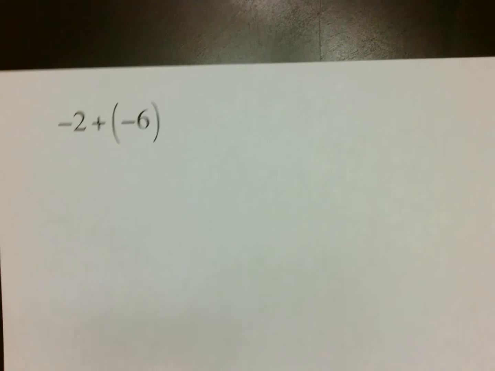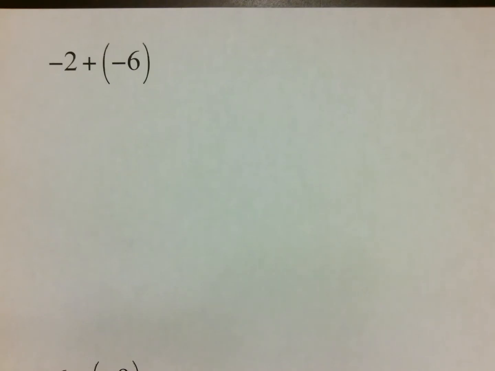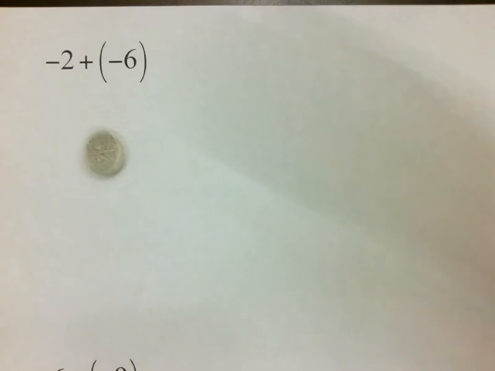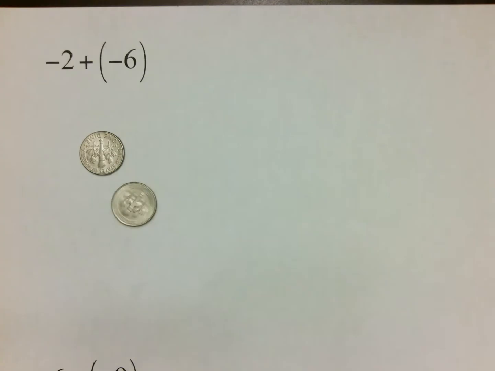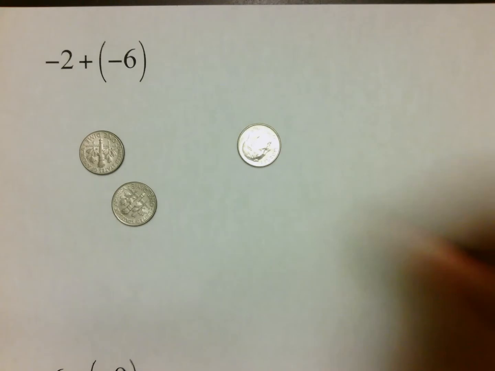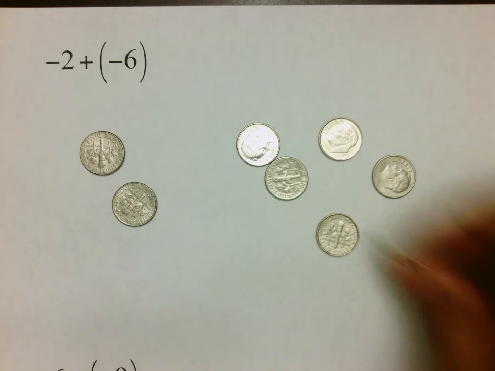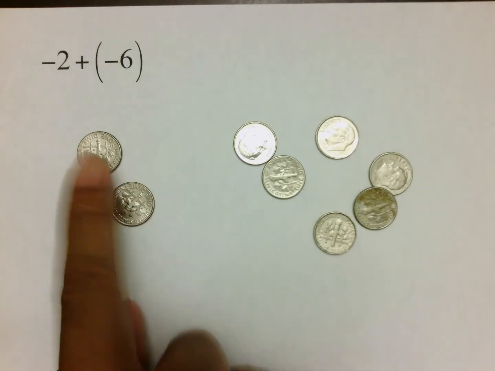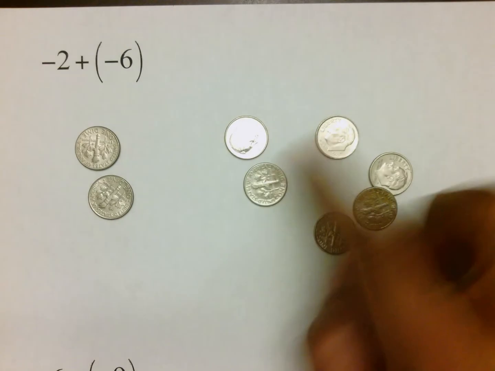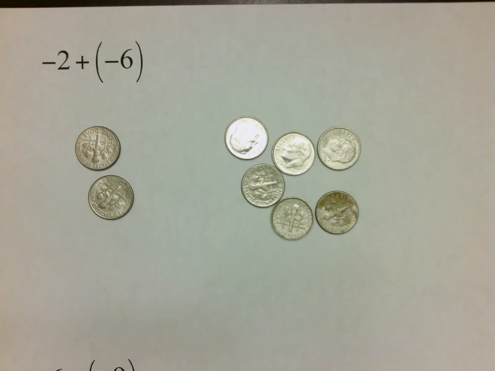Looking at another one. Negative 2 plus negative 6. Again, negative 2 means that we have 2 dimes combining with 6 dimes, 1, 2, 3, 4, 5, 6. So again, we've got negative 2 over here, and negative 6 over here.